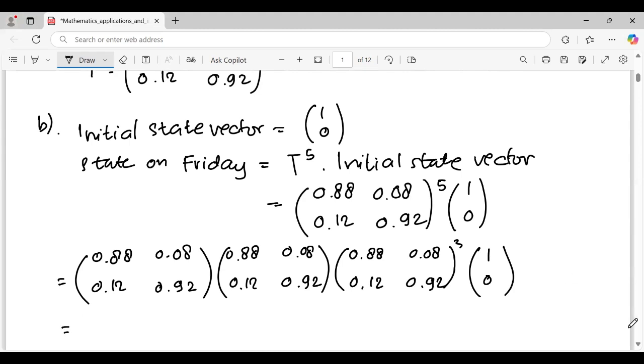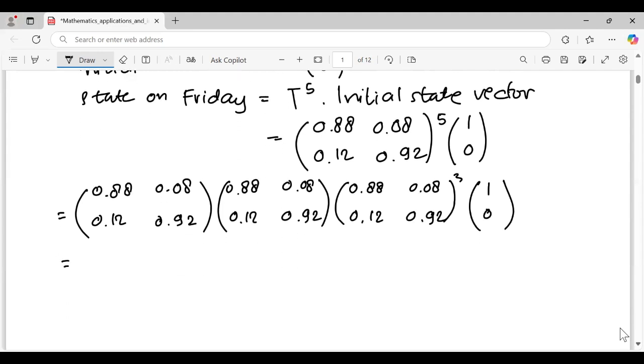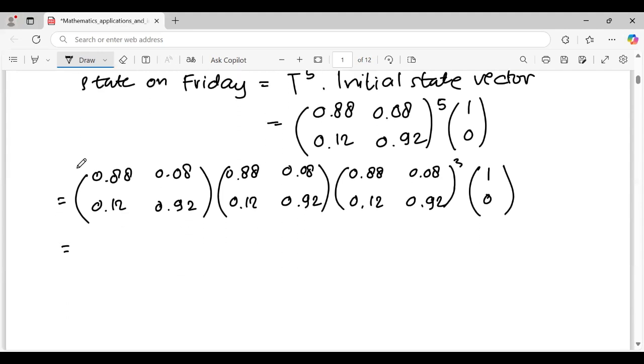And the result of the multiplication is this one. I have calculated this.